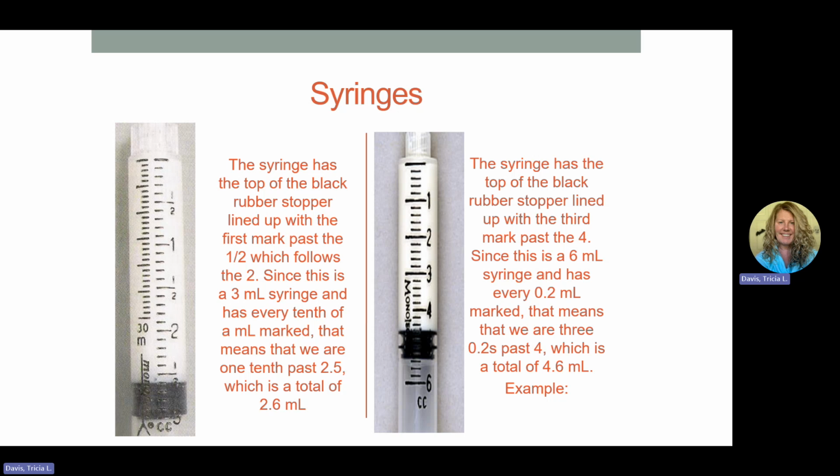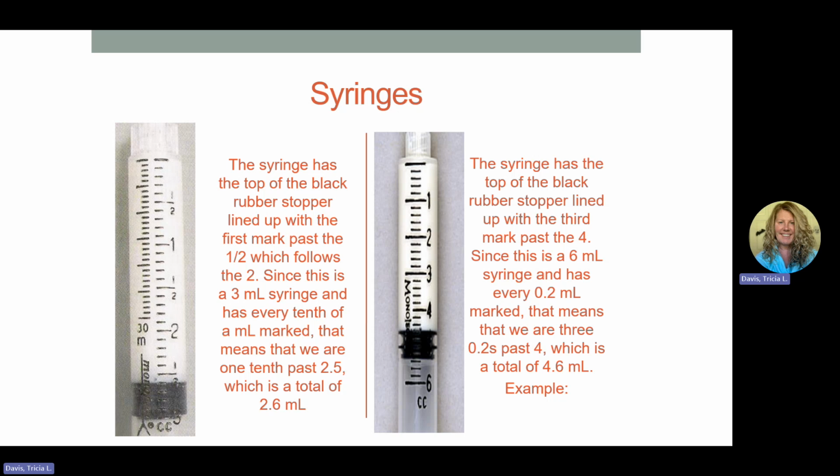So we have a half, then we have 1, then we have 1.5, now we have 2, and now we have 2.5 plus 1 line after that. So since this is a 3 ml syringe, it has every 1/10 of an ml marked, which means that we are 1/10 past the 2.5, which is going to be a total of 2.6.